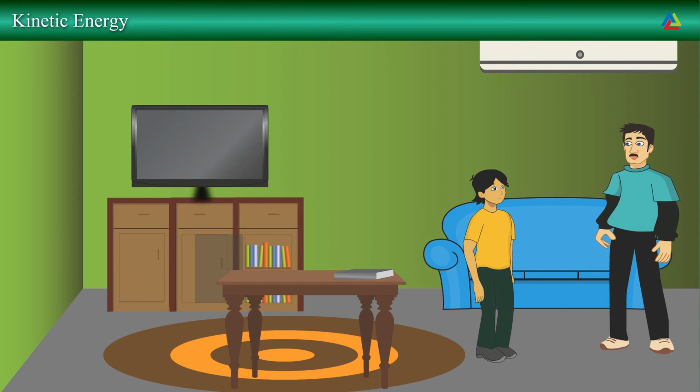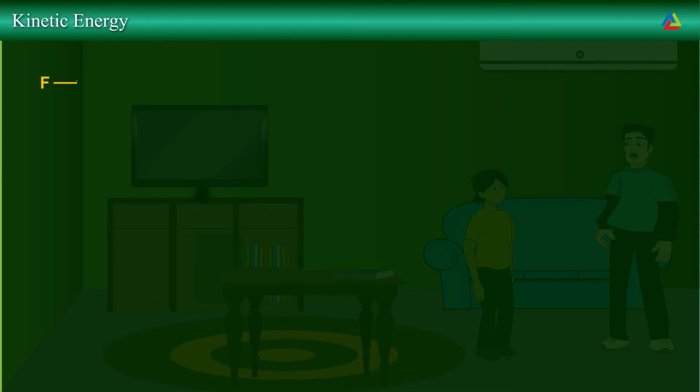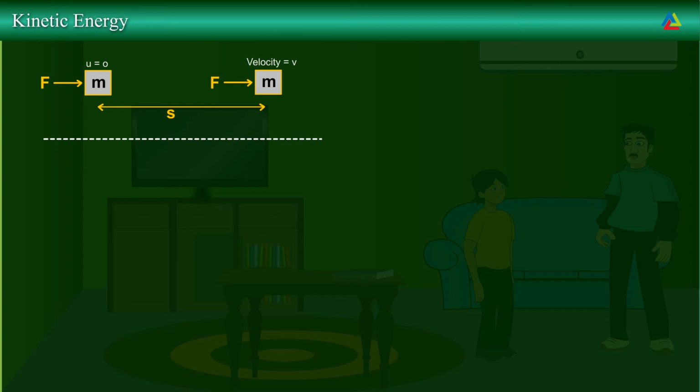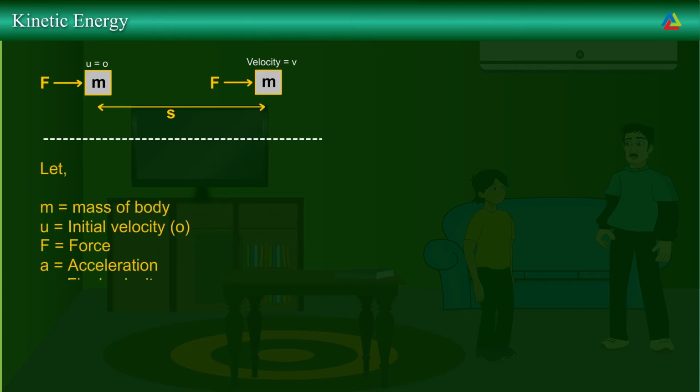Consider an object of mass m. Let its initial velocity u be 0. Let a constant force F act on the object in the direction of its displacement. The work done on the object will cause a change in its velocity from u to v. Let a be the acceleration produced, v the final velocity and s the displacement caused.